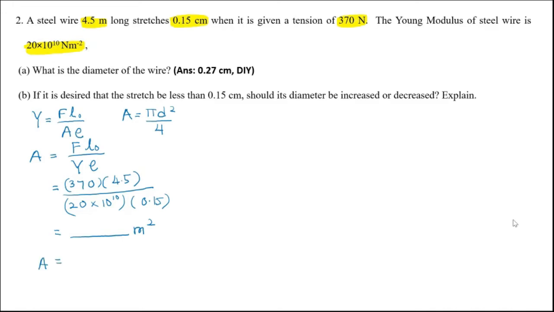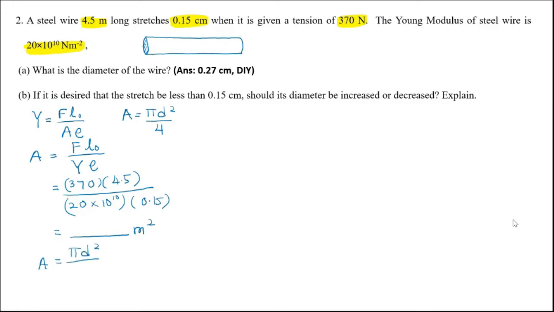circle, because the wire is actually cylindrical in shape. So the cross-sectional area here, you use pi r squared or pi d squared per 4.